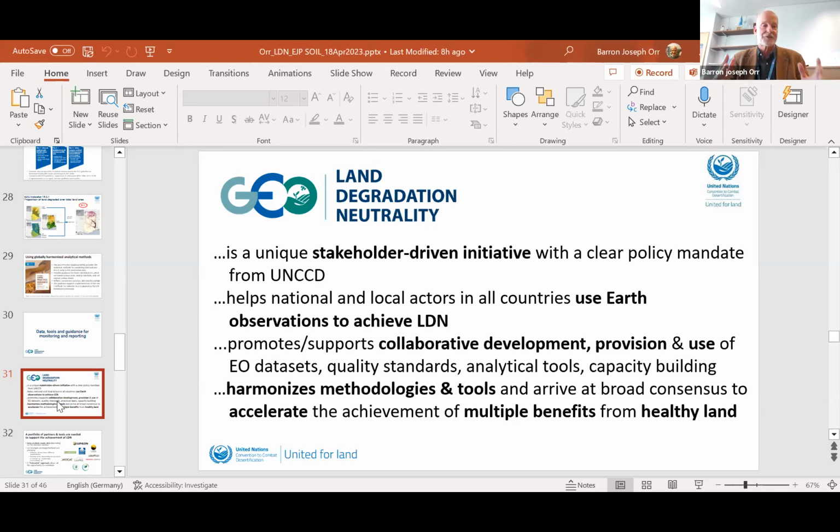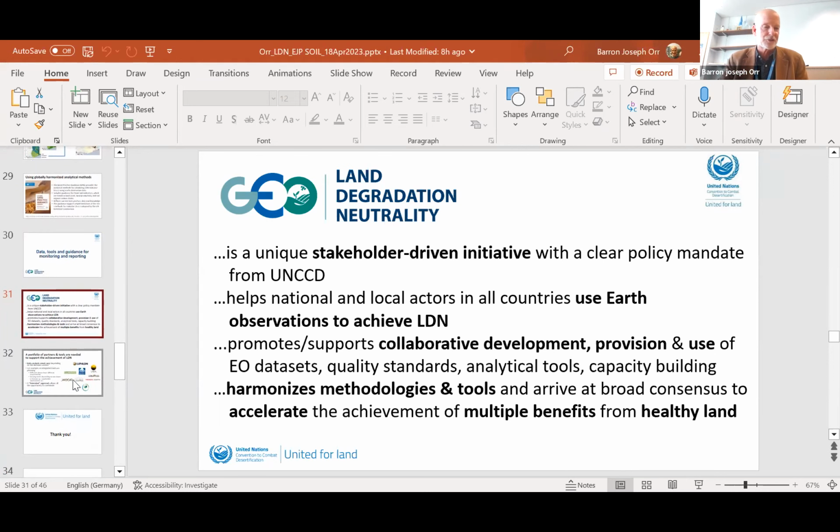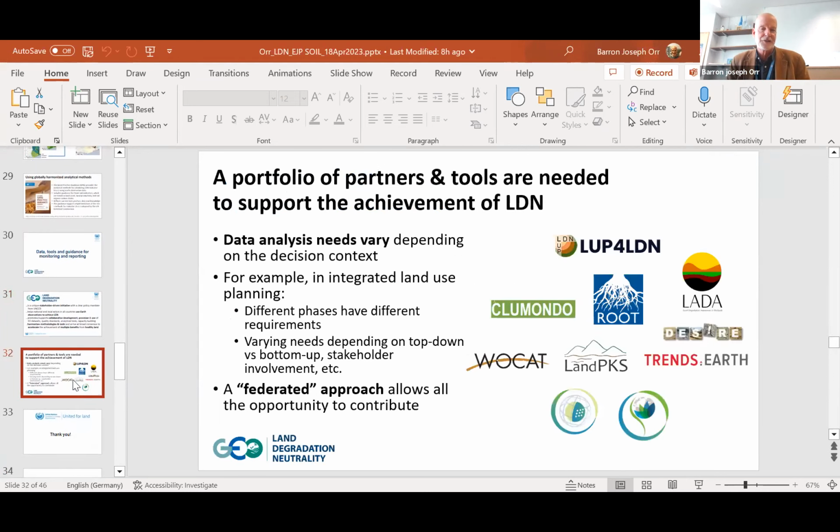If you're not linked to this, I strongly encourage you to embrace it. It's really a powerful mechanism, and it's central to our success in the UNCCD.